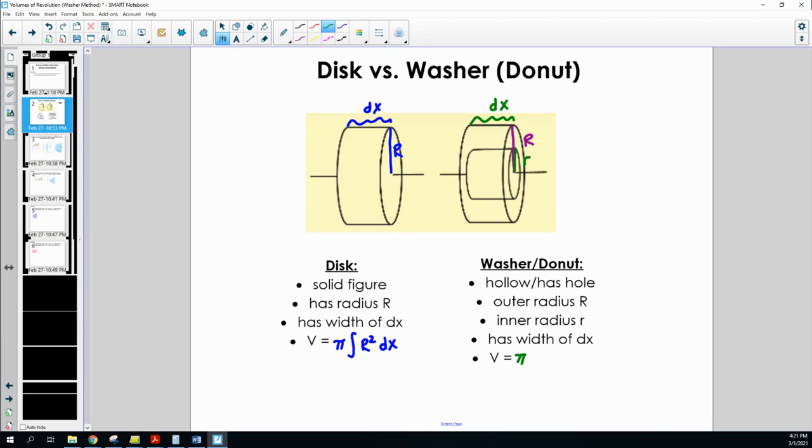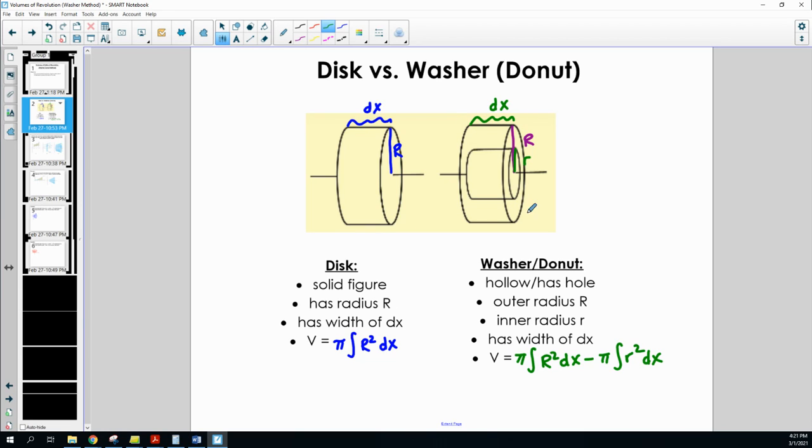We have the larger circle, which has a radius of big R. So that would be pi times the integral of big R squared dx. And then we subtract from that the area of the smaller circle, which is pi times the integral of little r squared dx.